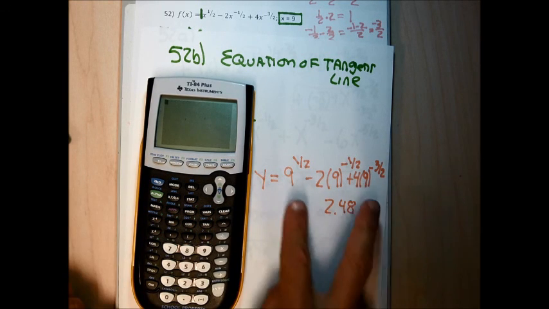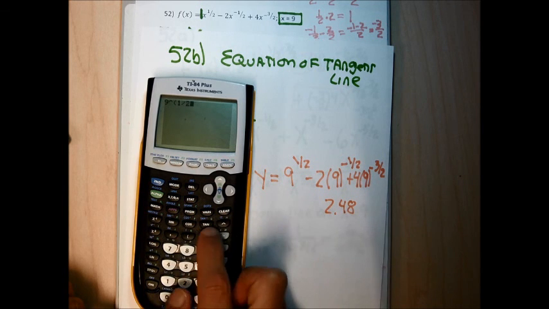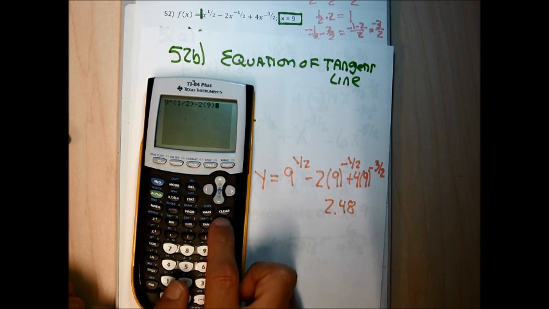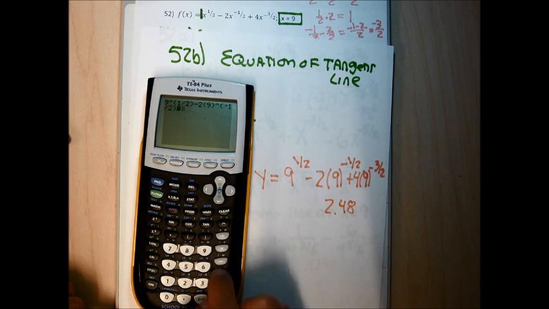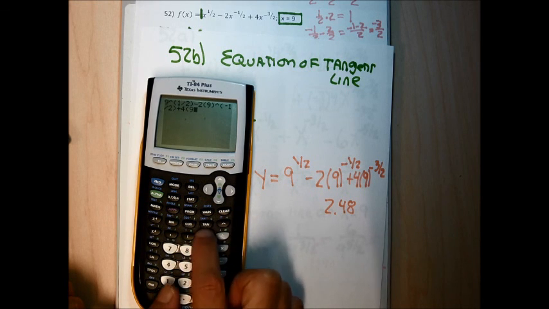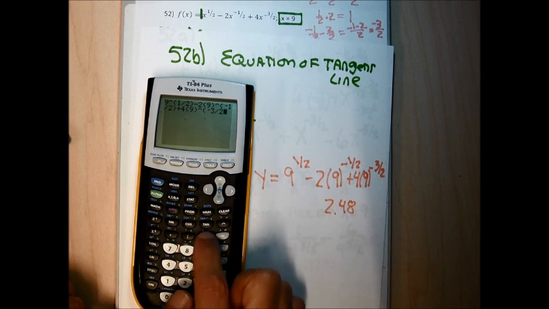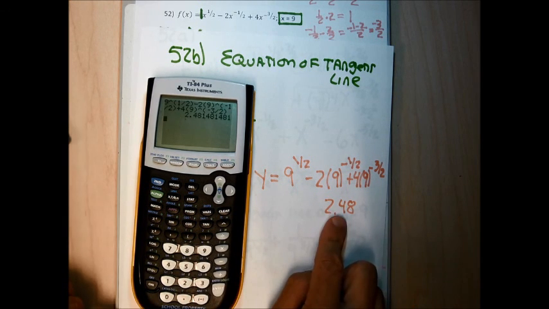but that's not a satisfactory number, so I'm going to get the better version of 2.48 on my main screen by doing this computation, going 9 up arrow parentheses 1 divided by 2 minus 2 parentheses 9 up arrow parentheses negative 1 divided by 2 plus 4 parentheses 9 up arrow parentheses negative 3 divided by 2. I better get 2.48. I get exactly 2.48.